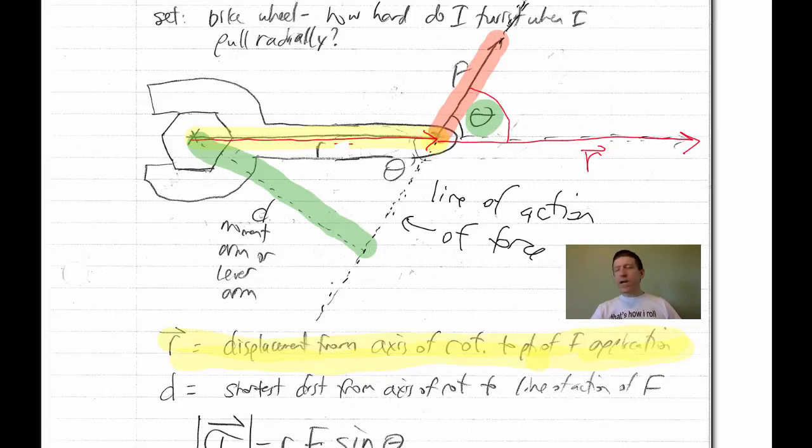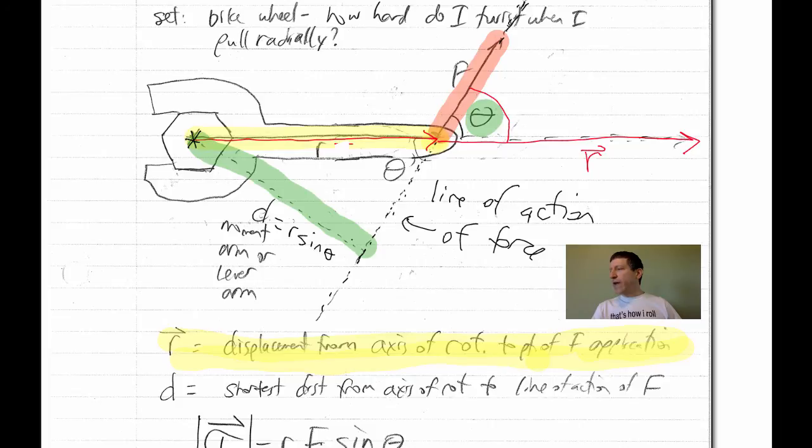If you just find the shortest distance between the axis of rotation right there and this line of action, you have what is called the moment arm or lever arm. And that's incredibly useful. You will notice that this happens to be equal to r sine theta.